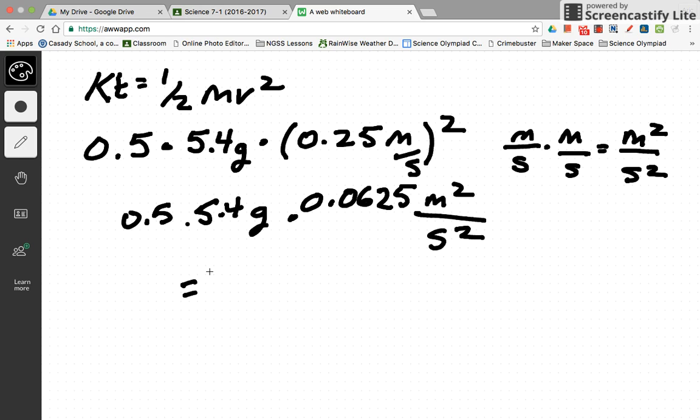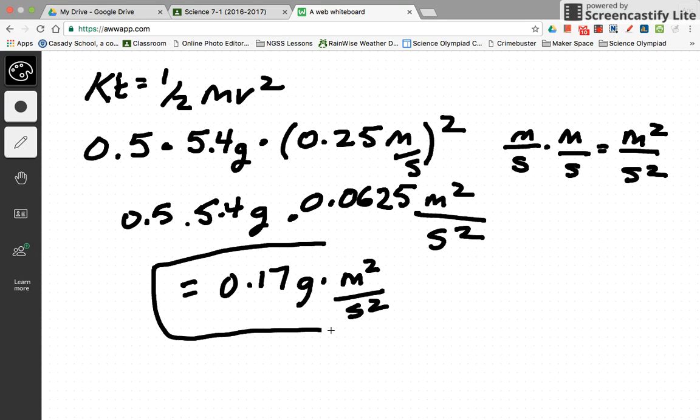I'm going to round here: 0.17 grams times meters squared per second squared. Because it's still in grams, that is the same thing as if I converted it into a kilogram and went back.